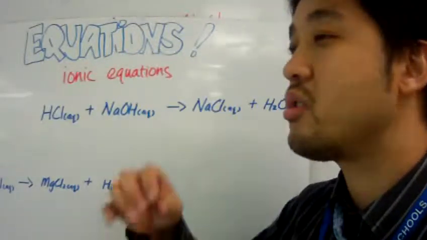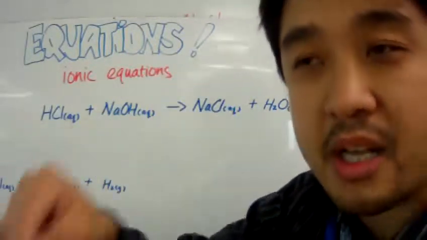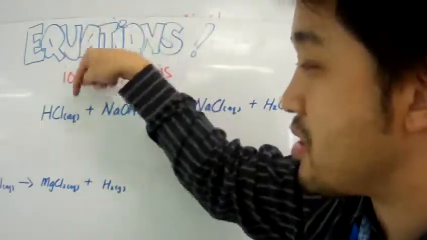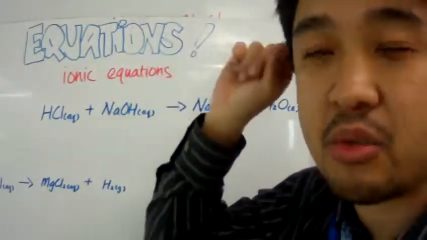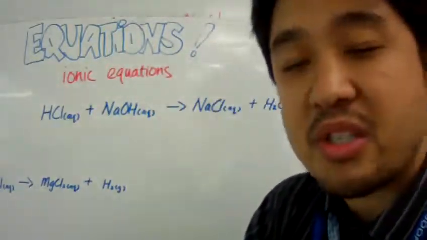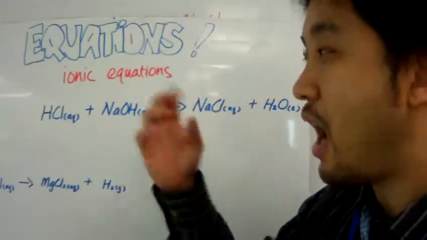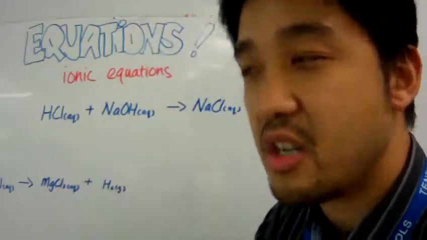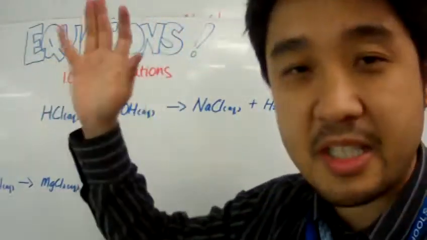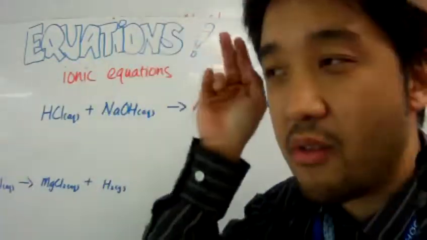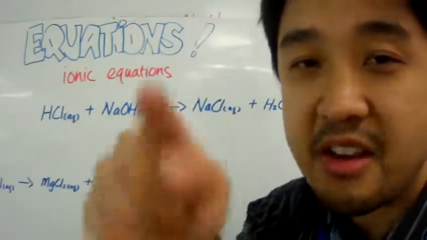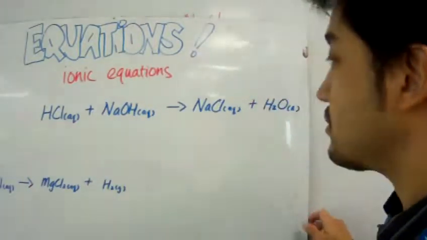So, in order to narrow down which of these substances underwent chemical change, and if it involves aqueous solutions, we use this concept called ionic equations to throw away all the noise, all the mess, and focus right onto those specific substances that underwent chemical change.